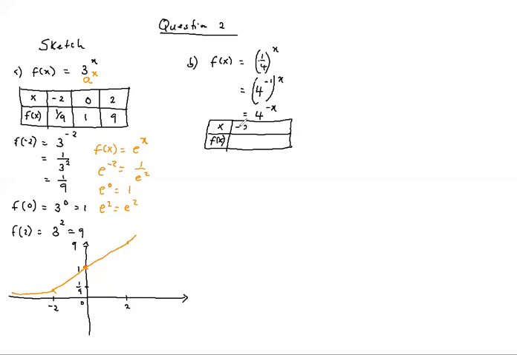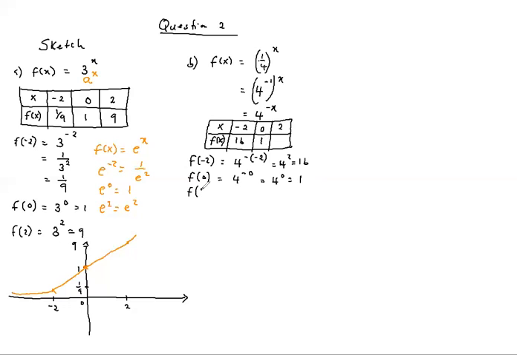So we have negative 2, 0, and 2. f of negative 2 is equal to 4 to the negative x, and the x that we're bringing is negative, so we'll have 4 squared, which is 16. So we put 16 here. f of 0 is 4 to the negative 0, and 0 does not care about the sign, so we get 1.